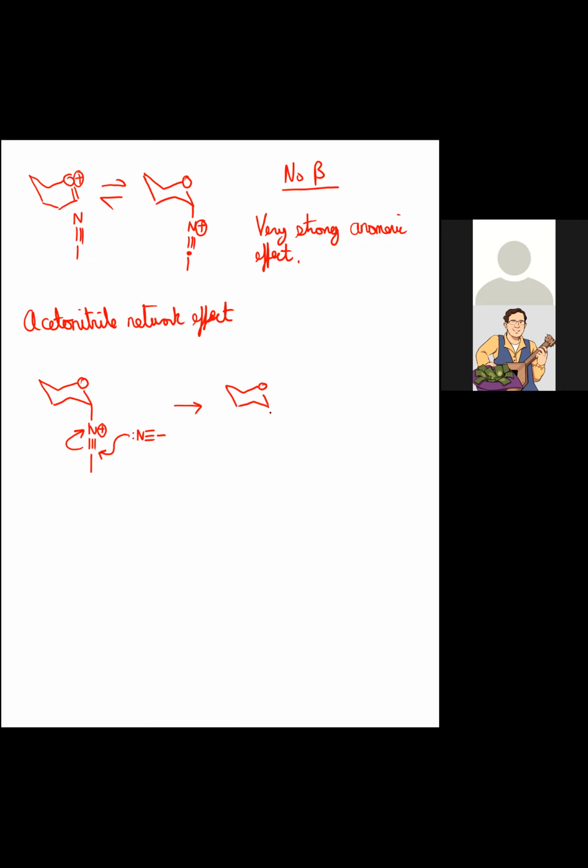Well, we'll have that. And then I'm going to draw a resonance structure of that. Well, I guess it's not a resonance structure because I'm going to move an atom, but still, just consider that guy.